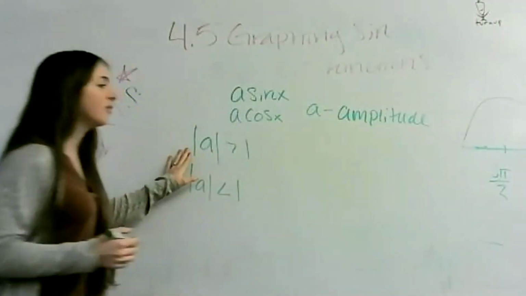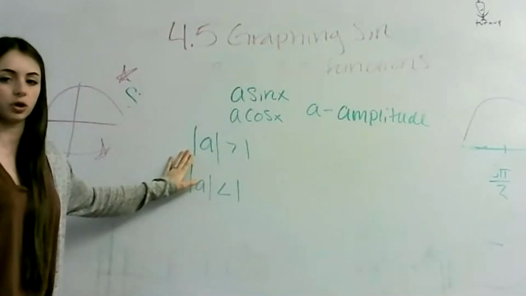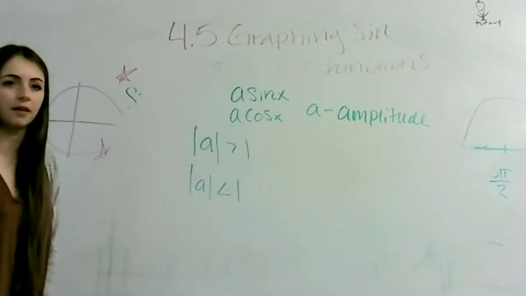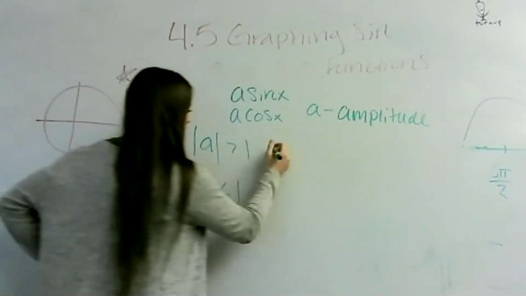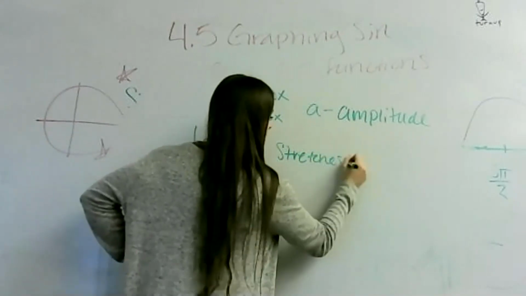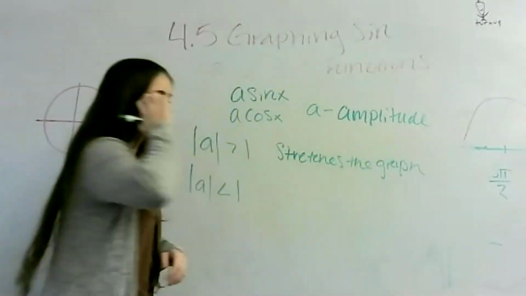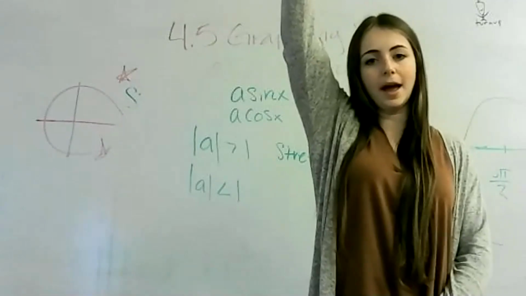So if this A value is greater than 1, meaning it's a number larger than 1, it could be a fraction like 5/2 but it's got to be larger than 1, then it stretches the graph. You saw when I put that 9 up there, it stretched way out.